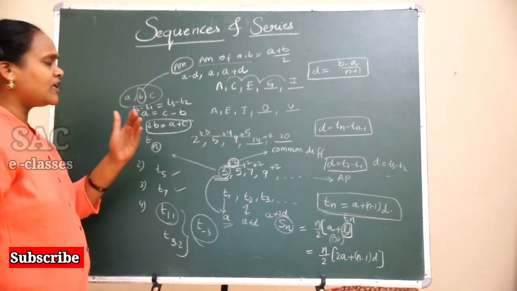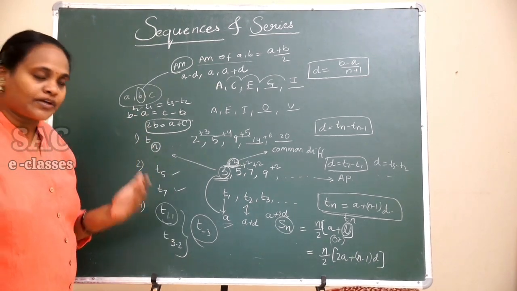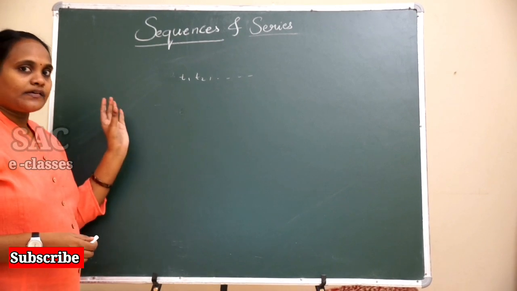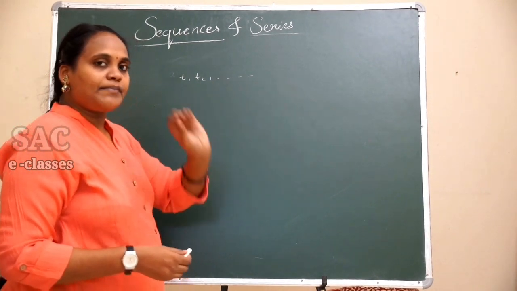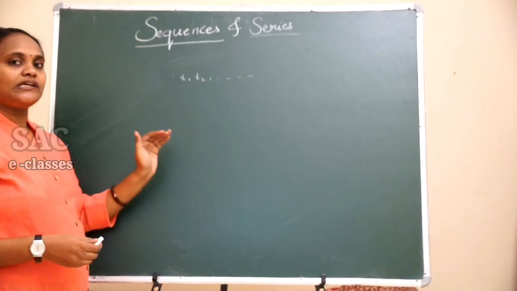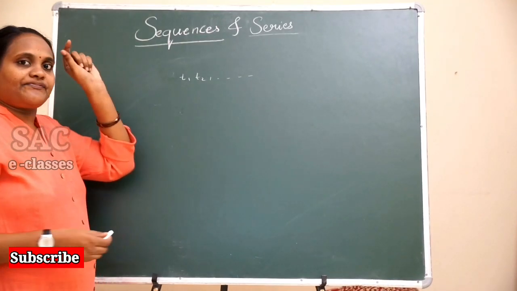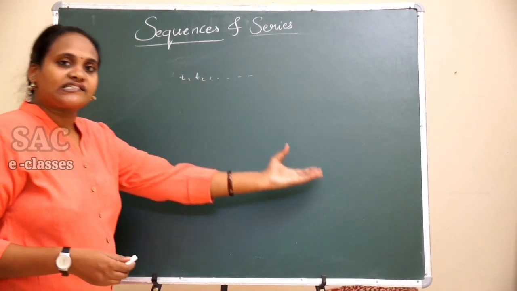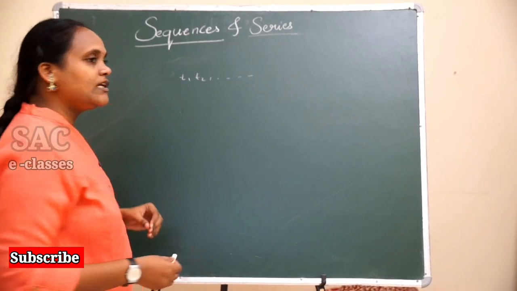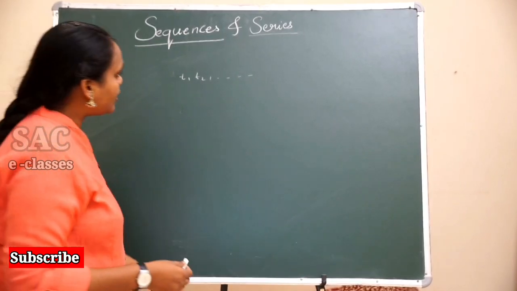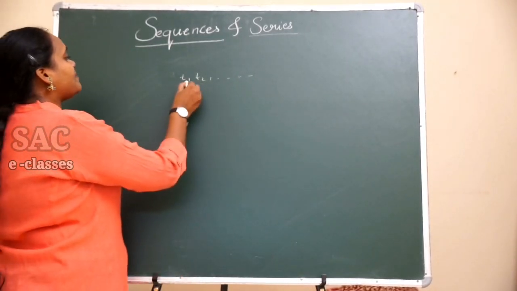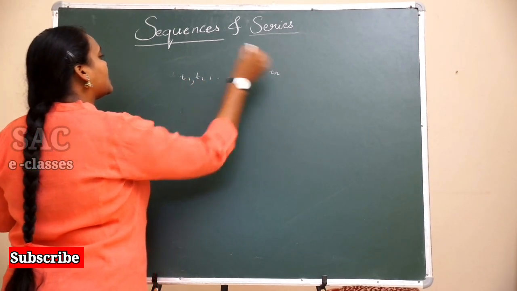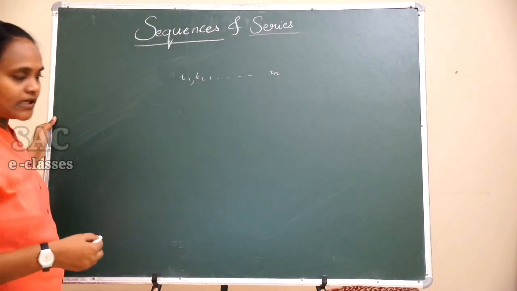Now we are going to GP, the geometric progression. If a sequence of numbers is formed by multiplying a fixed number to the preceding number to get the succeeding number, we call it a geometric progression, simply GP. The terms in the GP are also named T1, T2, T3, and the nth or general term is Tn.